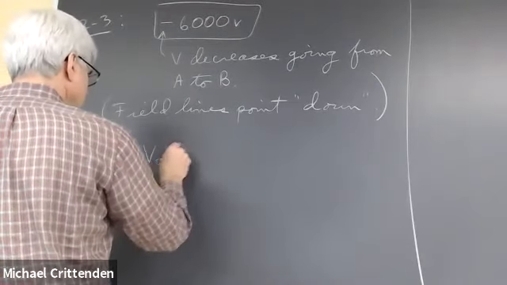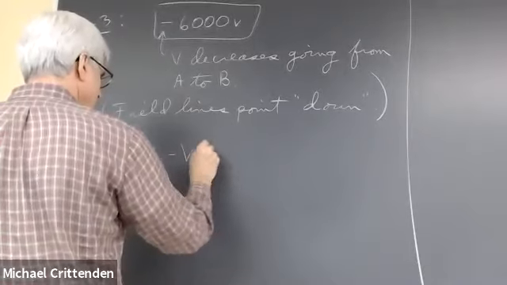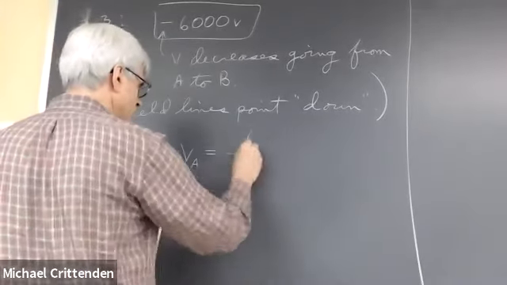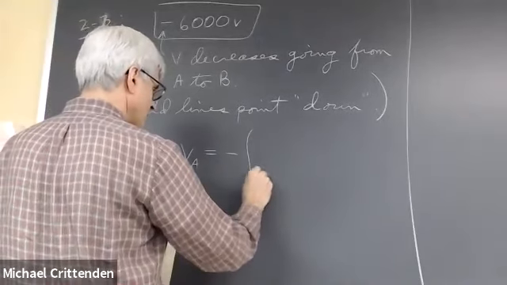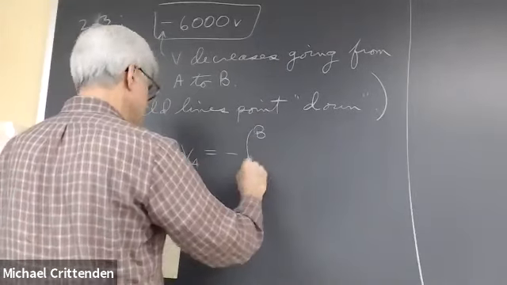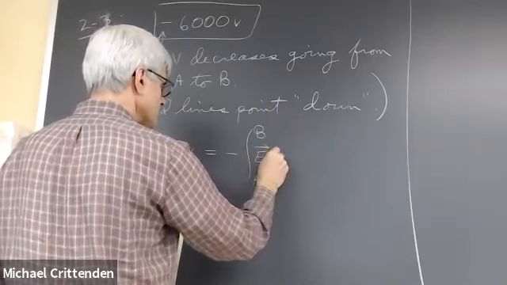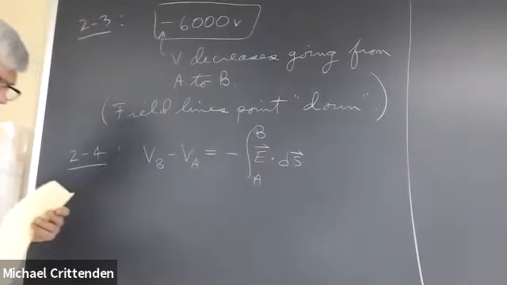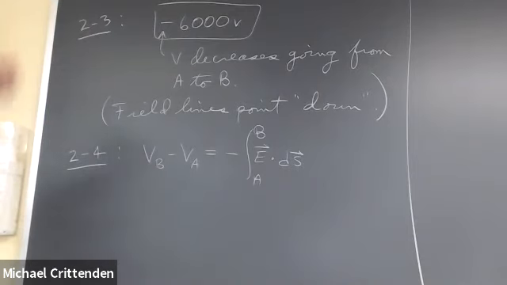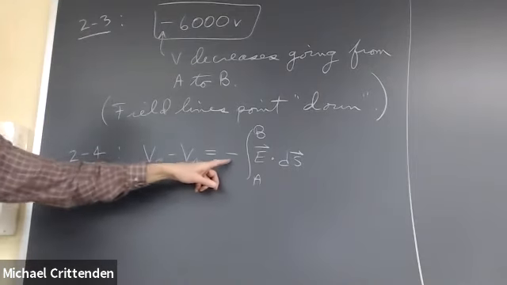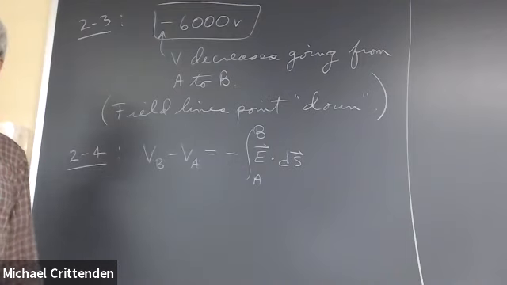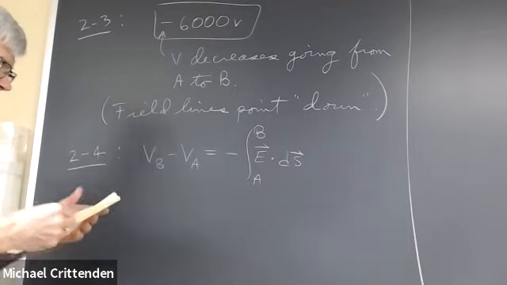potential at B minus the potential at A. This part I'm just copying directly off the formula sheet. I suppose they could have gotten rid of the minus sign just by switching the limits of integration, but this is the way it's written in the textbook, so we'll just play along with that.